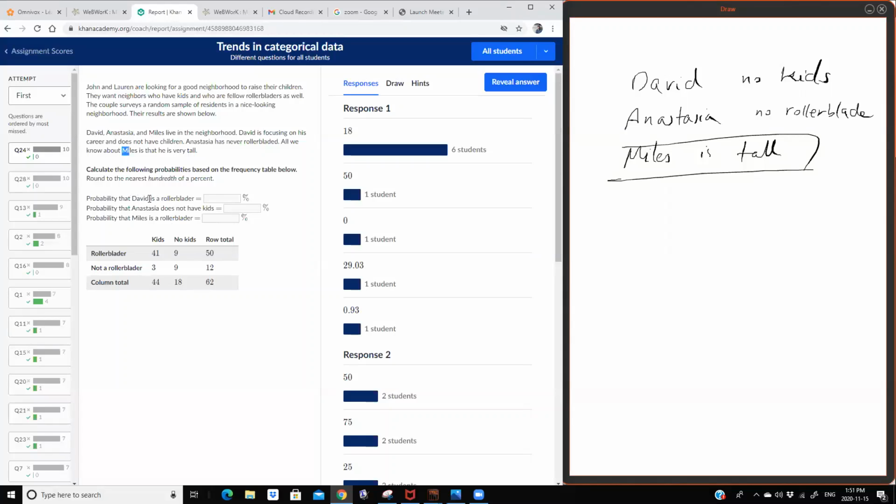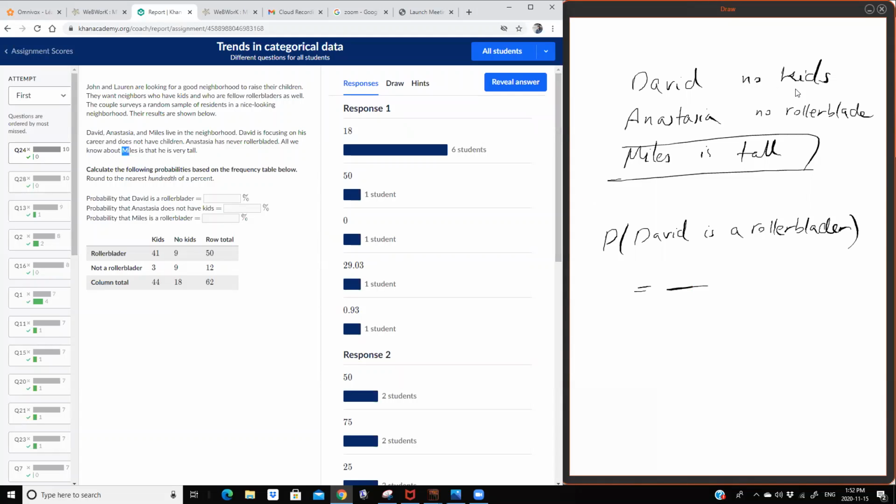Probability that David is a rollerblader. So what is the probability that David is a rollerblader? Okay. So what do we know about David?